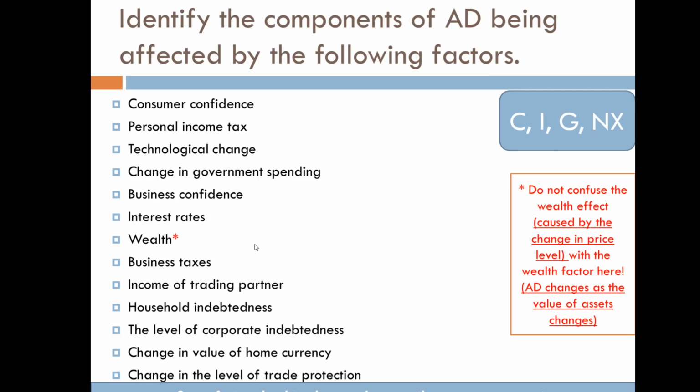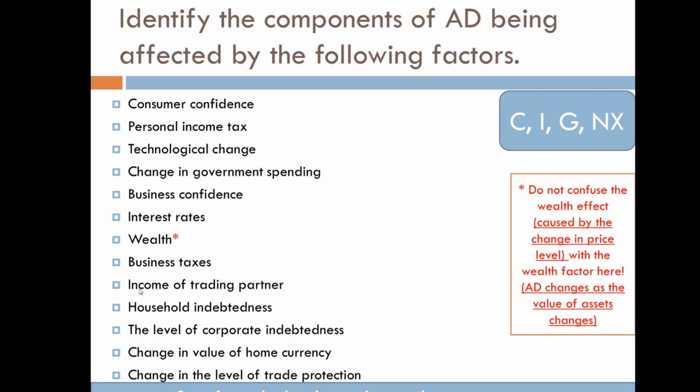I think we were up to somewhere around here, so let's quickly finish the rest of the points. If anything happens to all these factors, then your AD will shift. I'm just going to quickly go through the rest of them.